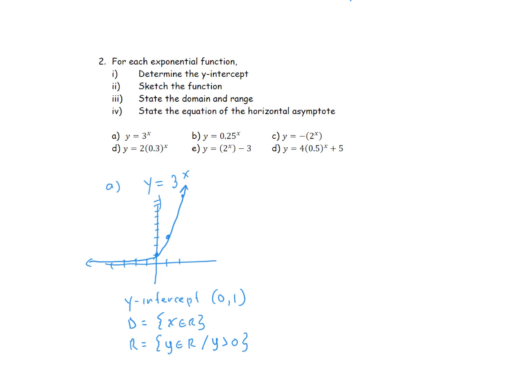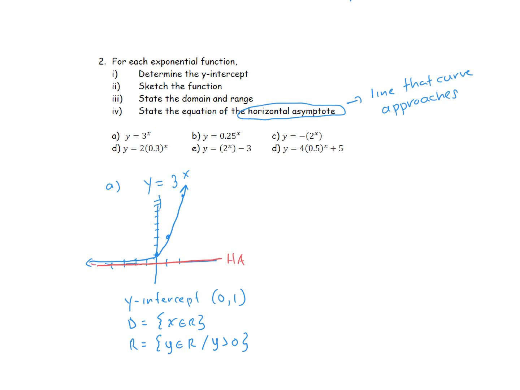Now the horizontal asymptote is the line that the curve approaches. That's what a horizontal asymptote is. So in a basic exponential function, the x-axis is your horizontal asymptote.